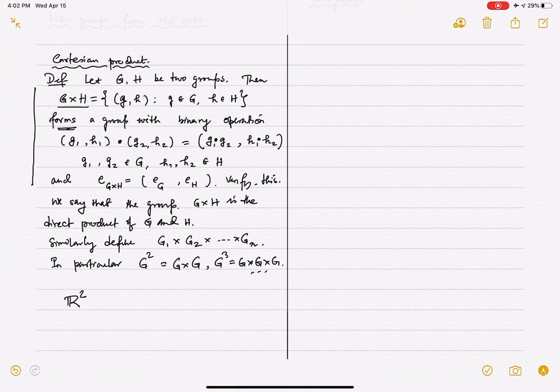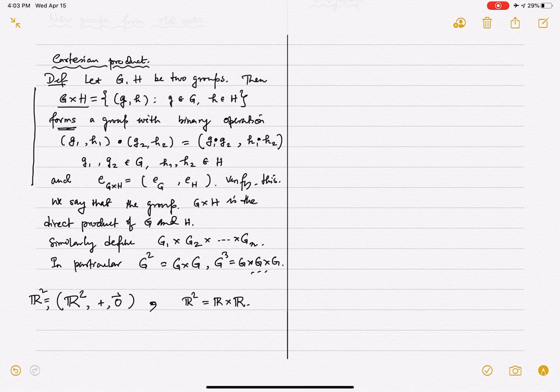It's like R^2 with addition and the 0 vector is a group, which is really nothing but R cross R in the present notation. The vector addition is exactly this group operation of the Cartesian product. You just add vectors component-wise, right? Except the addition on R is denoted by plus. It's not denoted by dot like up here.